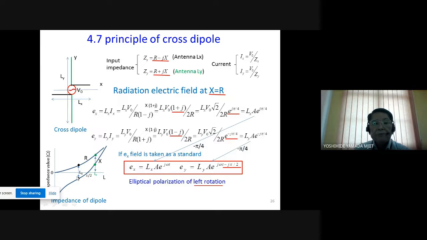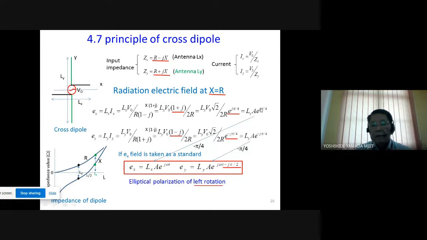By using these impedances, we can calculate the electric field in the horizontal and vertical directions. Finally, the horizontal direction is expressed by the antenna length and a constant times exponential j pi divided by 4, quarter pi. And the vertical direction is antenna length and the constant times minus j quarter pi.